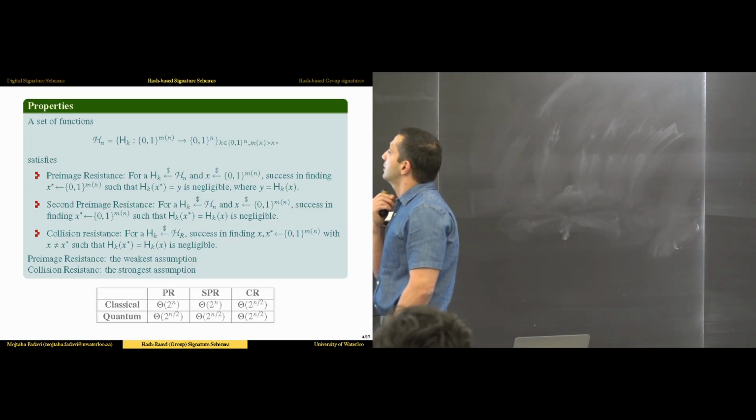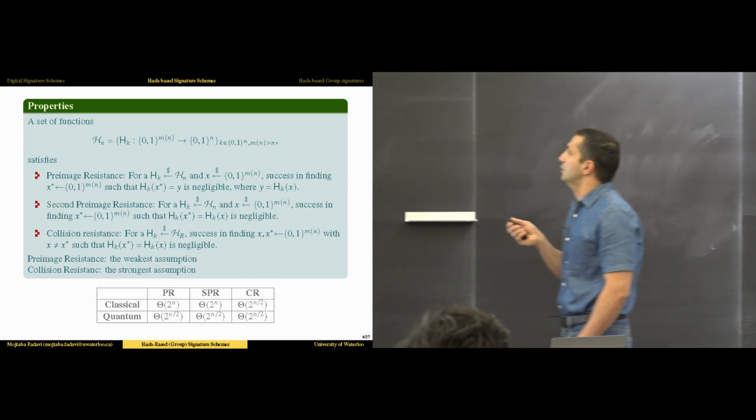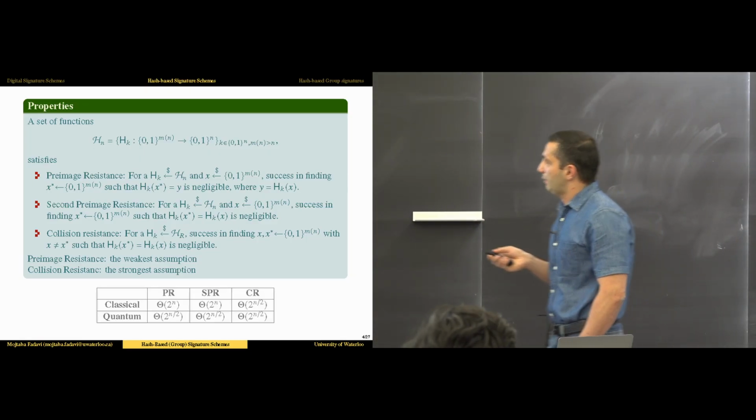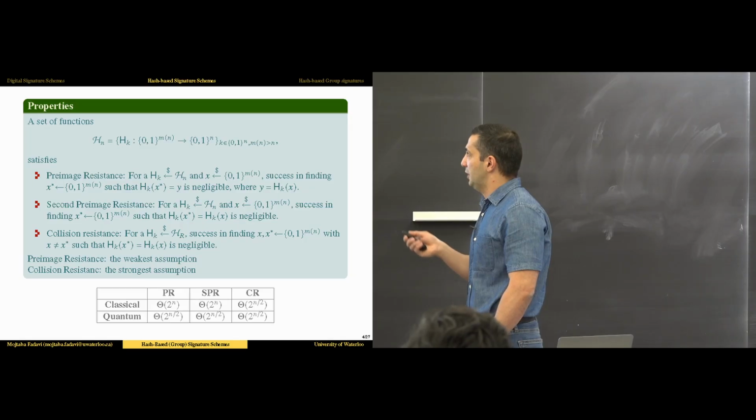The second section of this talk is about hash-based signature schemes. We have a family of hash functions shown with H_n.